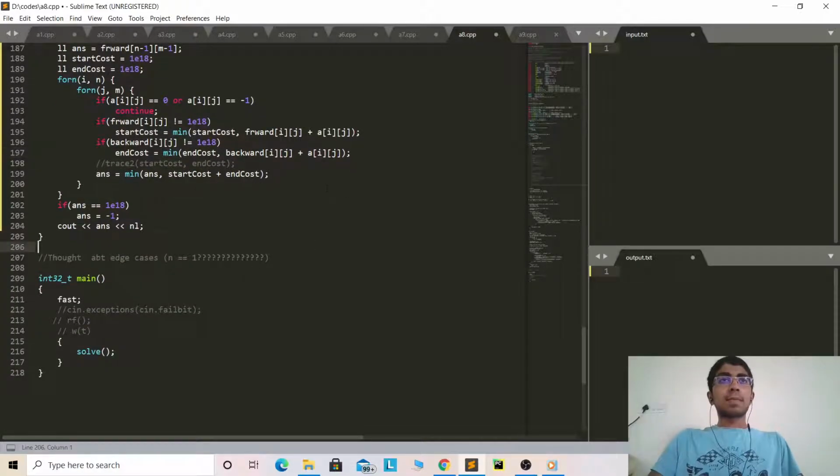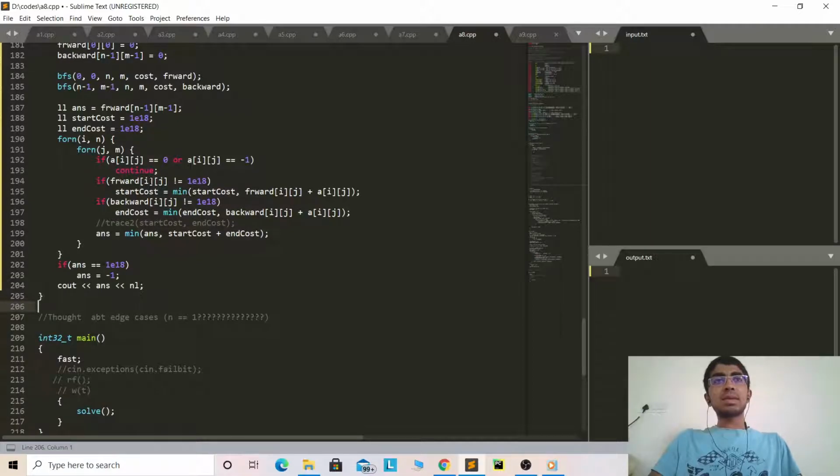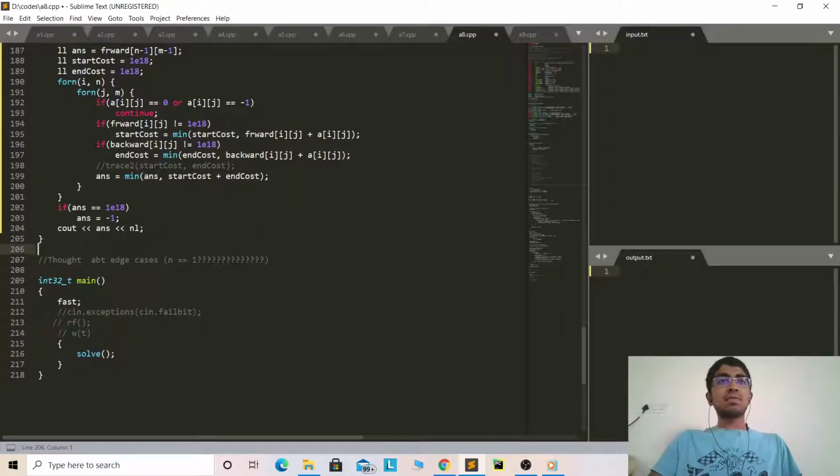So we are individually minimizing the start cost and the end cost, and the answer would be the minimum of answer comma start cost plus end cost. Note that we are including the values of the portals in the start cost and the end cost itself. We are not considering it separately, and then we get the final answer.